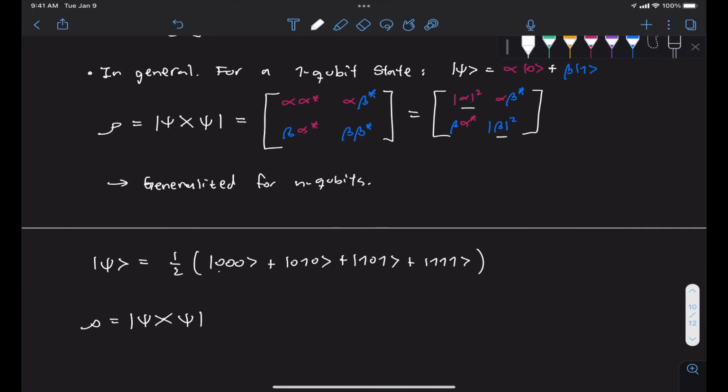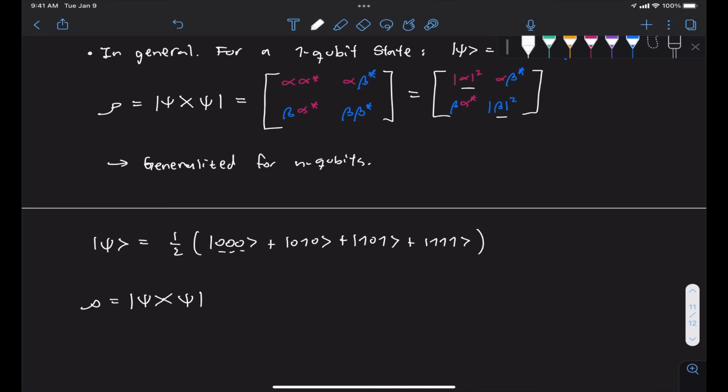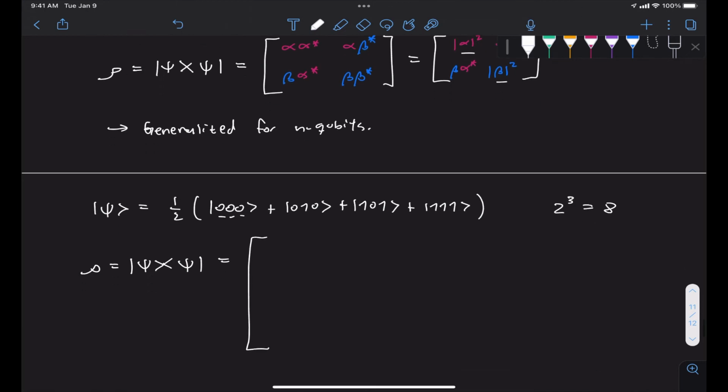So when we have 3 qubits, we know that this matrix is going to be an 8 by 8 matrix, right? Because we have 2 to the 3 states, which is 8. So we will have a probability associated with state 0, 0, 0 of 1 over 4, because its probability amplitude is 1/2.